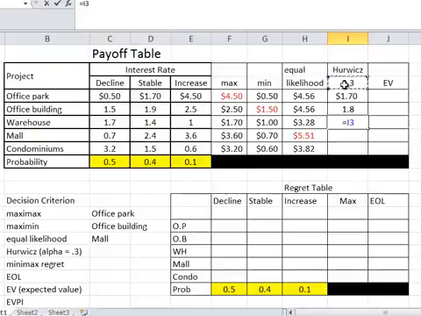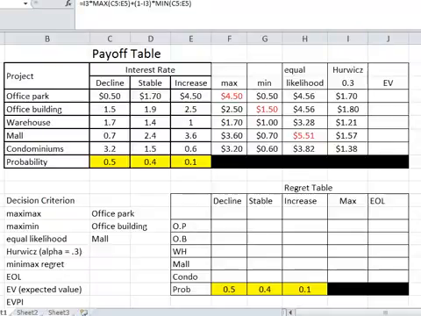Okay, 30% chance we end up with the best scenario for warehouse, which is 1.7, plus 1 minus the value of alpha, times the worst case scenario, which is the minimum payout for warehouse. So the resulting value is $1.21 million. Let's finish it for the other 2 decisions.